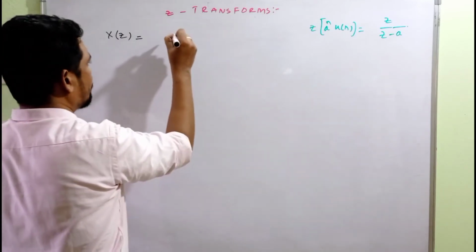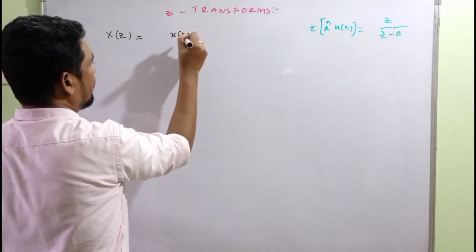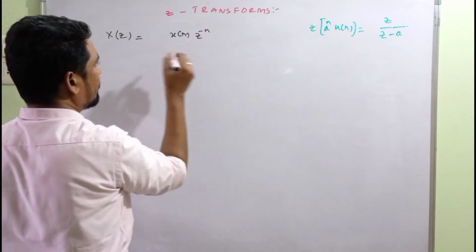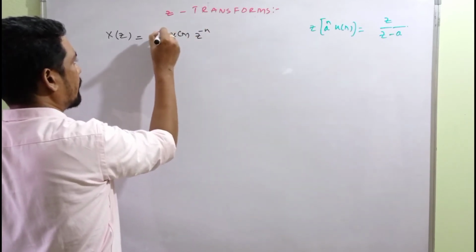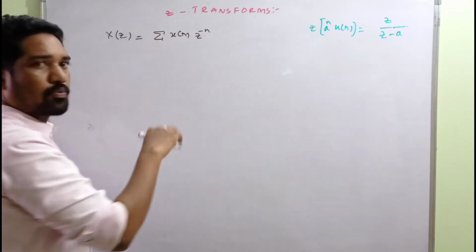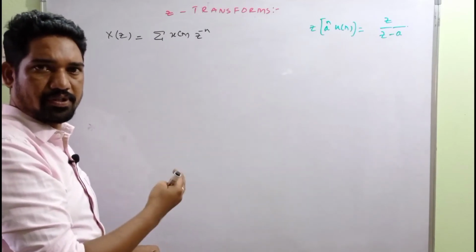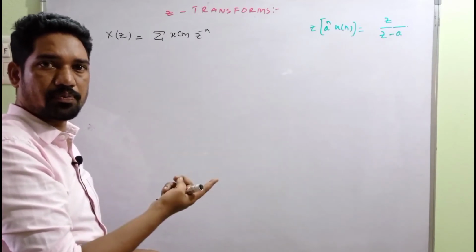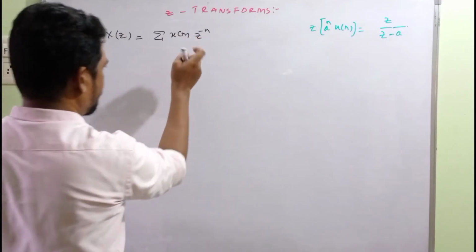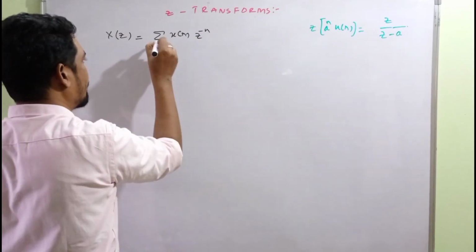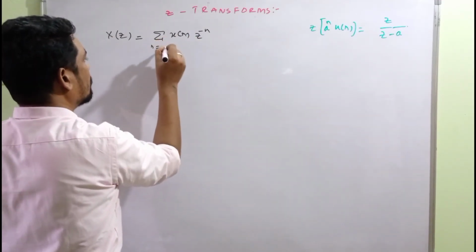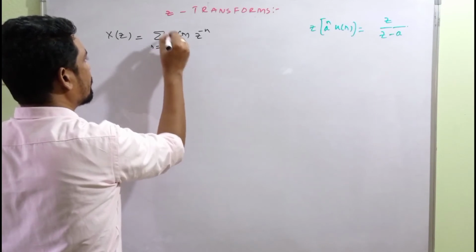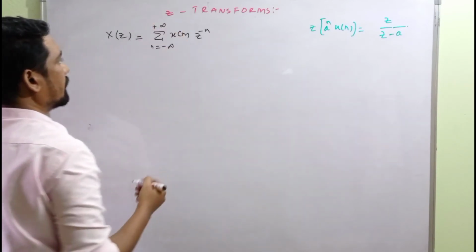The z transform of any function x of n: x of n is multiplied with z raised to minus n, and summation is obtained from minus infinity to plus infinity, or 0 to infinity, or minus infinity to 0, according to the given function. For my convenience, let me say it's n equal to minus infinity to plus infinity, right.